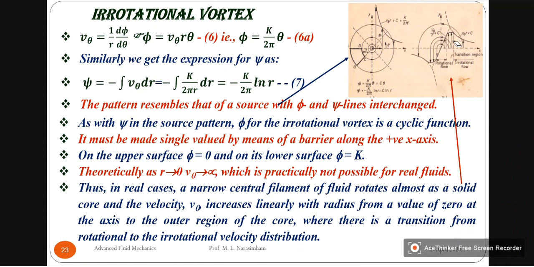And again from that point onwards, away from that point, the speed of the wind will become 0. So at farther distances, the velocity will be 0. And similarly, at the center, the velocity is 0. So in between, there will be one point where the velocity will be high.